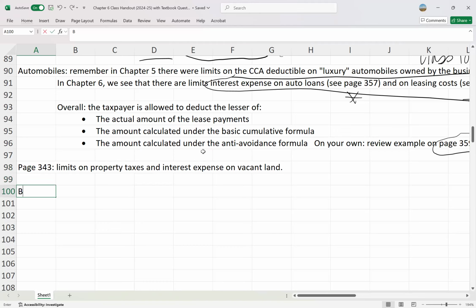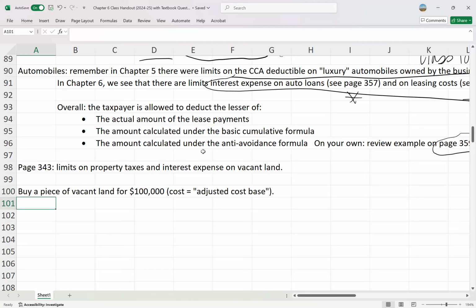Let's say that we have this business and they buy a piece of vacant land for $100,000. That's basically their cost. That's known as the adjusted cost base, the tax term. We've talked about ACB before when we had the sale of shares, proceeds minus the adjusted cost base.